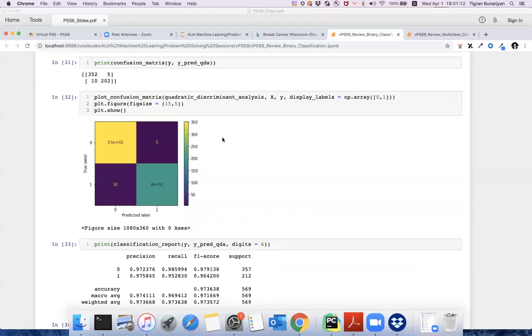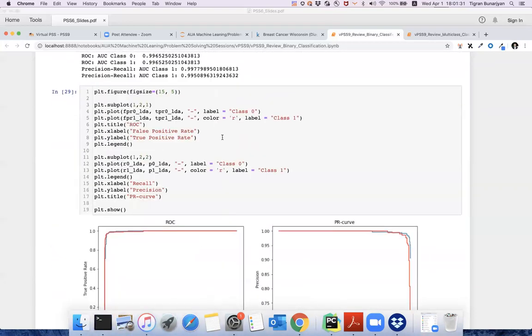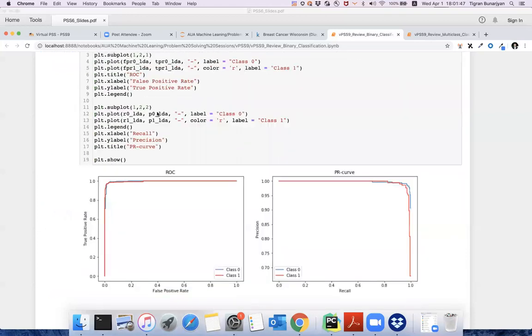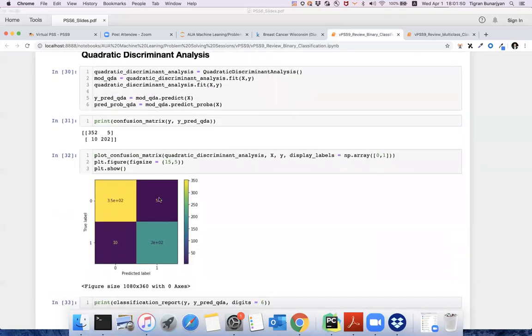You mean how to choose the best model out of these two? Yes, for example, if in the LDA we have its false positive. You cannot just call them two positive, two negative, but you can say that the rate in which the actual label was 0 and the prediction was 1 was smaller than during the QDA.